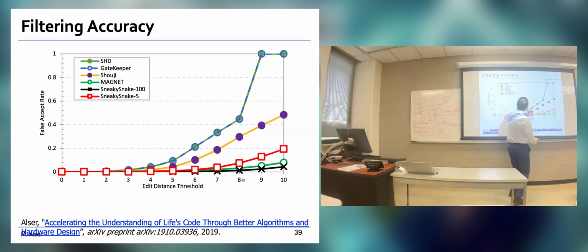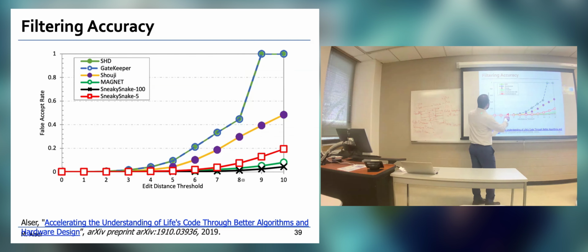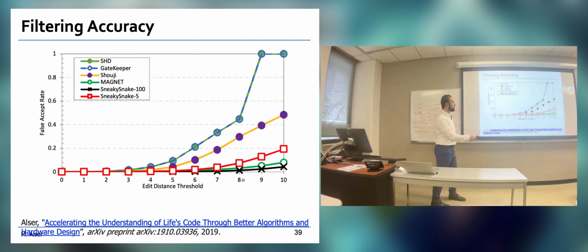So the green and the blue are SSD and Gatekeeper. The yellow is Shouji performance. The red is Sneaky Snake with one of the configurations. And the green and the black are Magnet and Sneaky Snake. So you can see, of course, the lowest is the best. Whatever is closer to 0 is the best, because we will have minimal false positive.